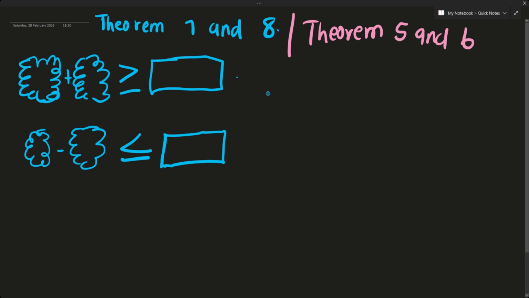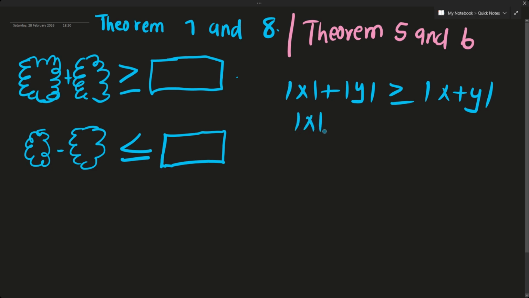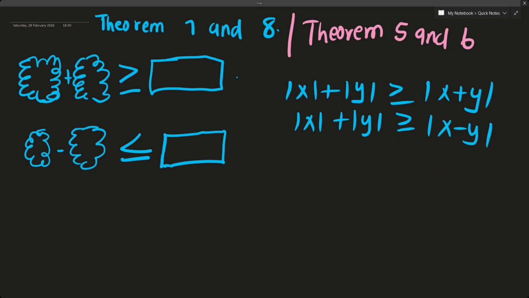So theorem 5 said that the absolute value of x plus the absolute value of y is greater than or equal to the absolute value of x plus y. Another case is that the absolute value of x plus the absolute value of y is also greater than or equal to the absolute value of x minus y. That's always the case for theorem 5 and 6.